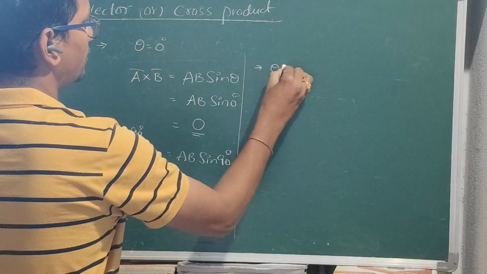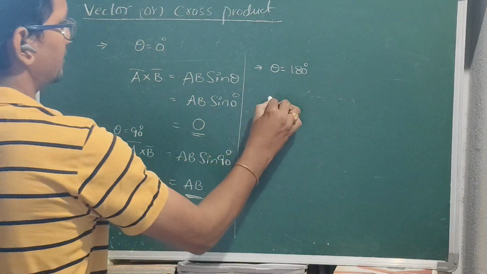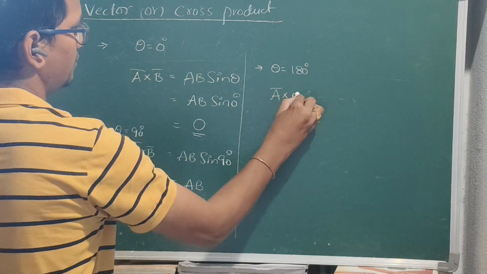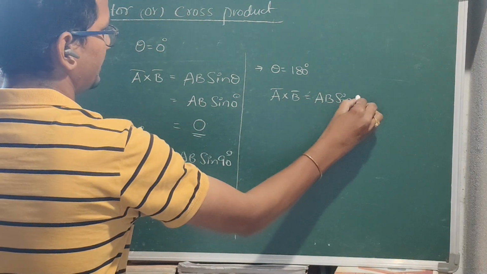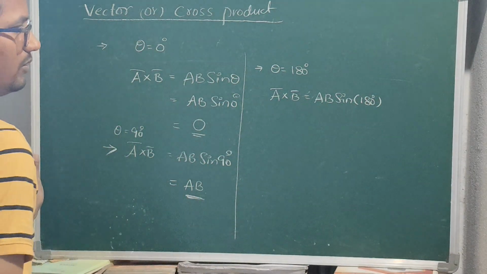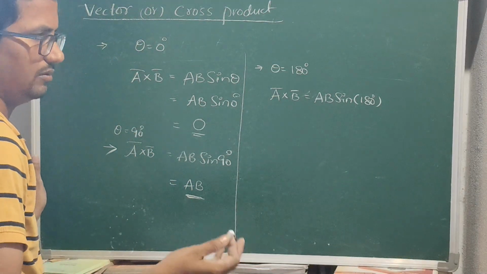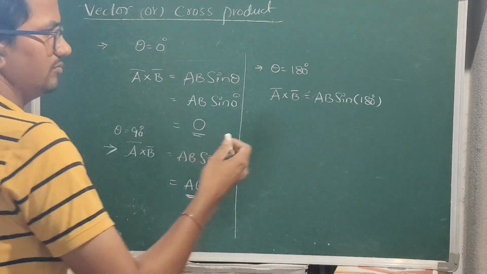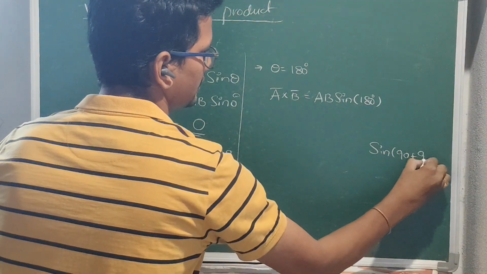Next, if theta is equal to 180 degrees, then a bar cross b bar is equal to ab sine 180. What is the sine 180 value? We discussed this in the last video. How can you write 180? 90 plus 90.